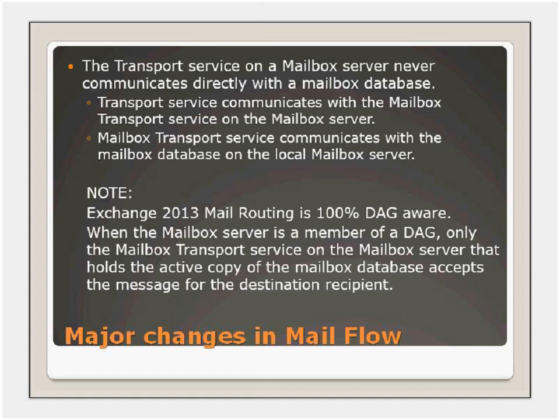And there's another thing: Exchange 2013 mail flow is 100% DAG aware. What do I mean by that? Suppose you have a server that is a member of a DAG, and a particular mailbox database is online on that server. Only the mailbox transport service running on the server that holds the active copy of the mailbox database is going to accept the messages.